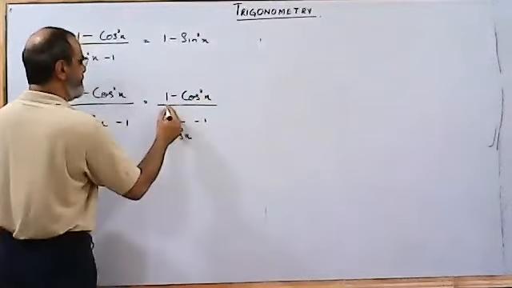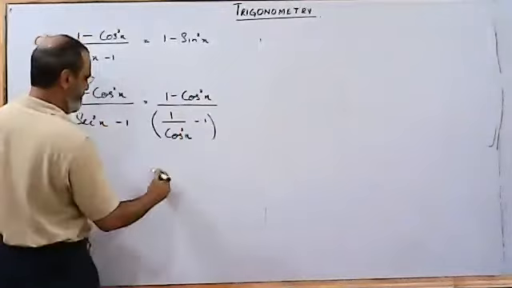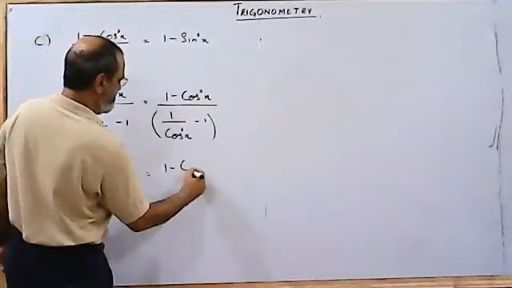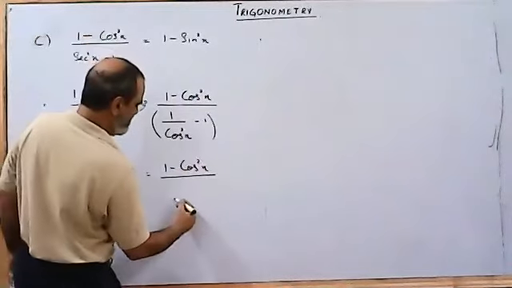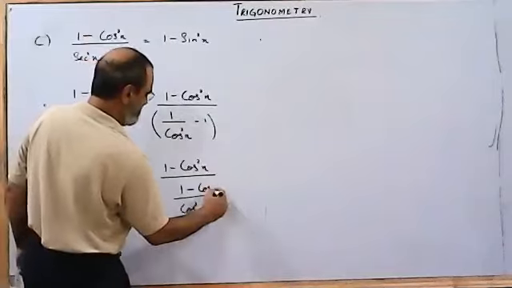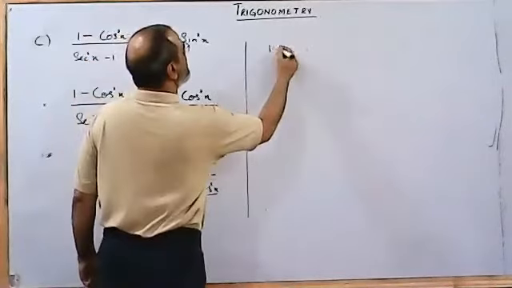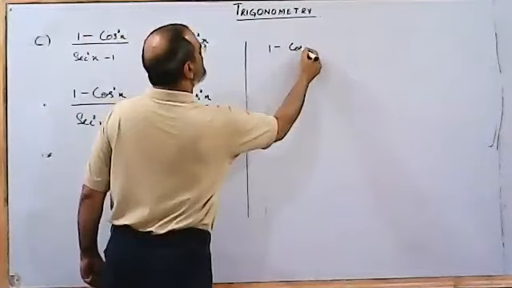In the denominator, I have to simplify. If I take the LCM, it would be cos square x, and I'll get 1 minus cos square x over cos square x. The numerator is 1 minus cos square x.